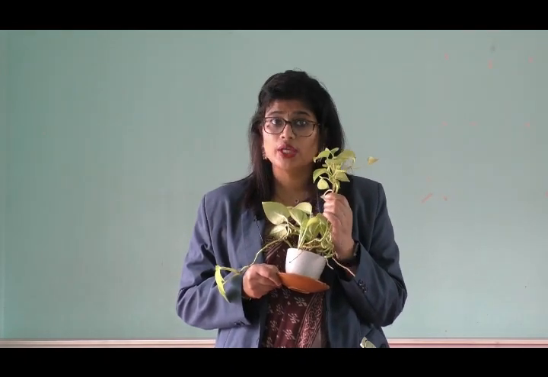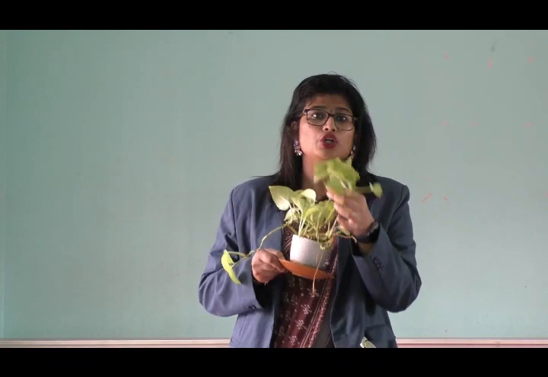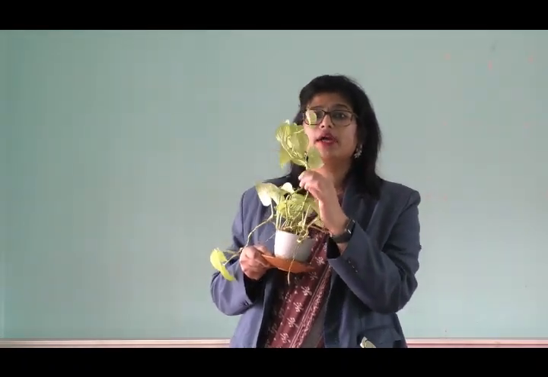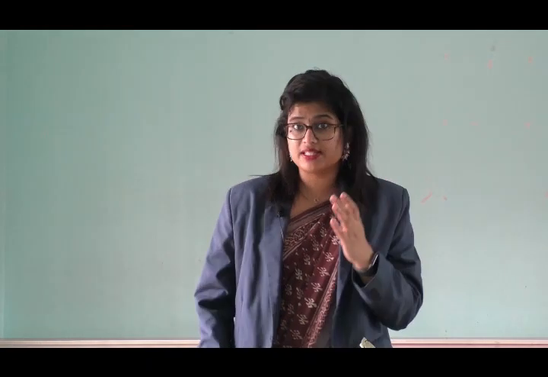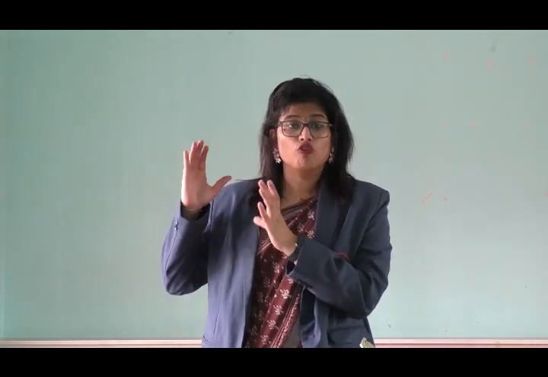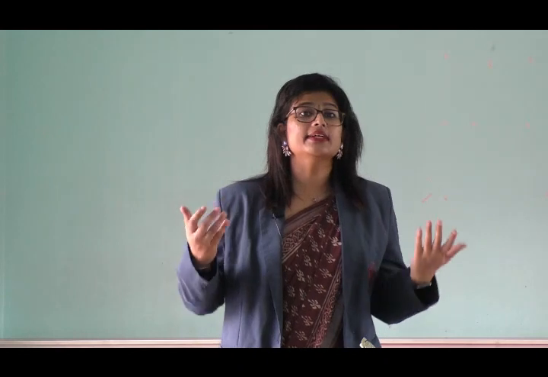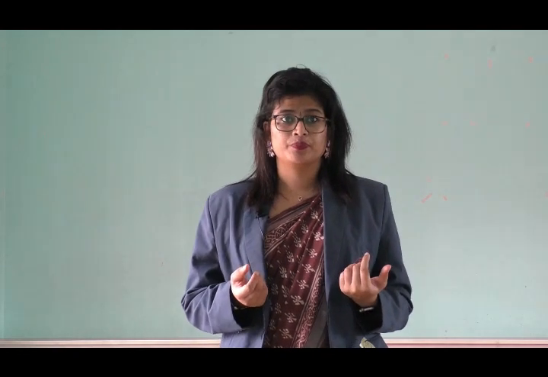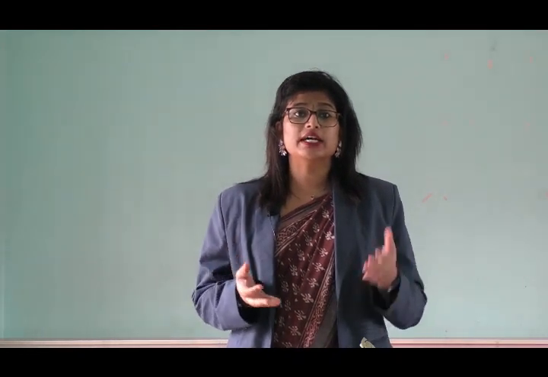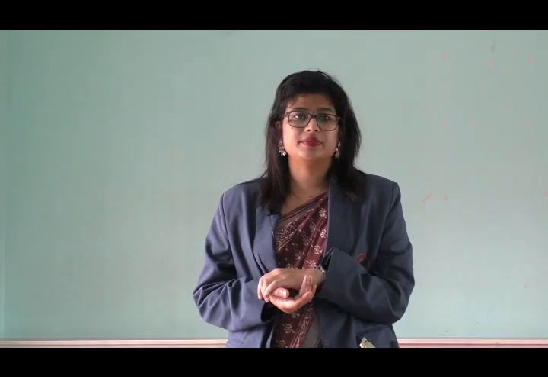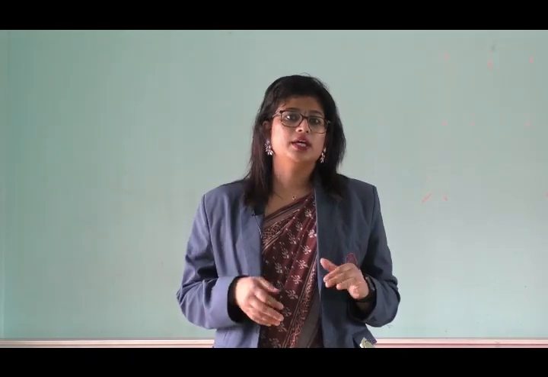So what will they do? They need a support to grow and stand upright. Therefore, they attach themselves to other plants, walls, and sticks to get support. So that's about climbers.